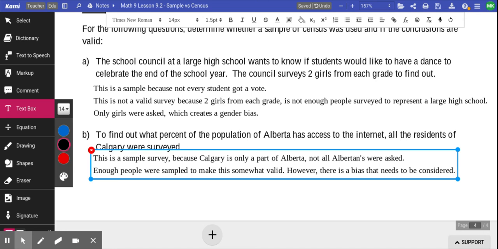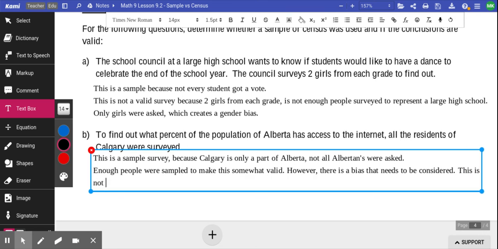People who weren't surveyed were people who were living in rural areas and on farms, out in the country, on acreages. Those people have a much harder time accessing the internet. So I would say this is not a valid survey because Calgarians would have a biased response that might not represent all Albertans.